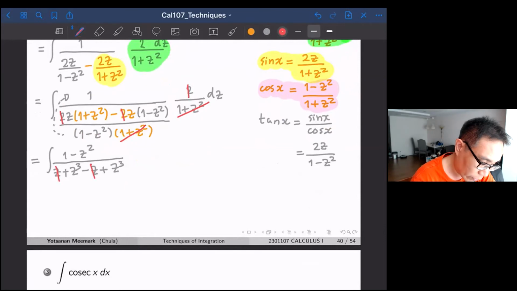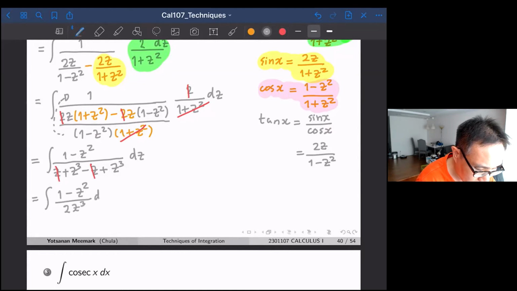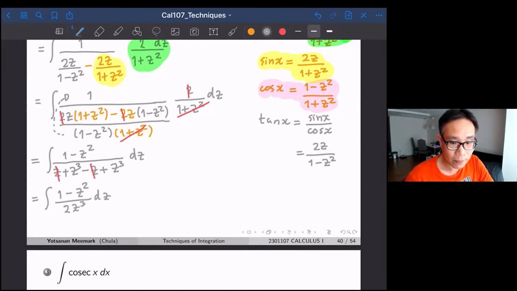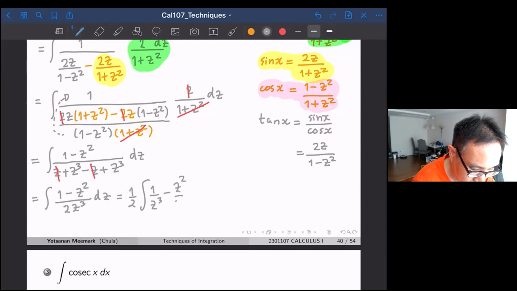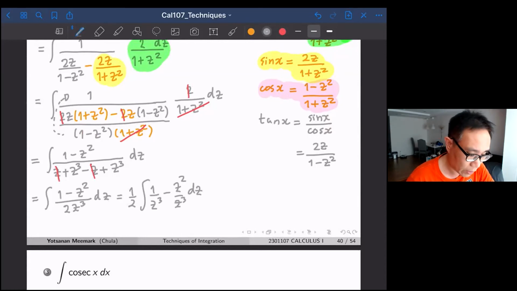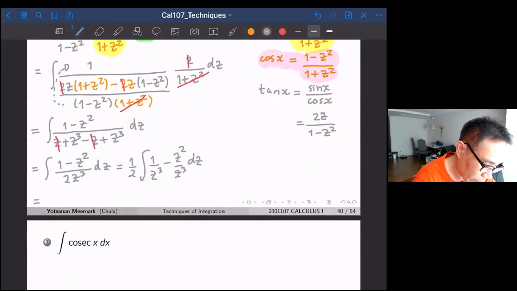So this one will be dz, and it turns out to be integrate 1 minus z square over 2z cube dz. So it's going to be 1/2 integrate 1 over z cube, and you have z square over z cube dz.